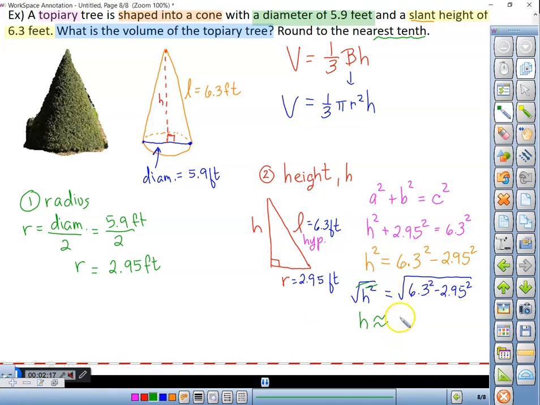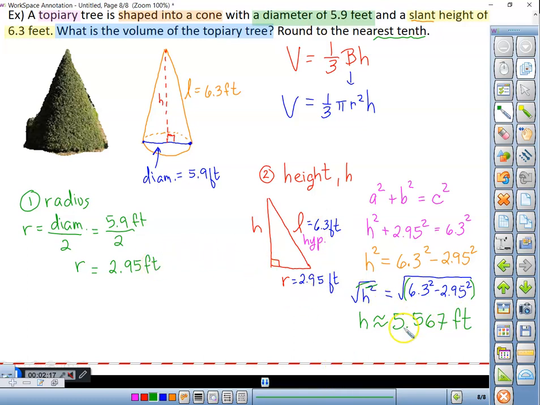Alright, so carrying out this calculation, one of the things you want to remember for using your calculator is that your radicand, what you're taking the square root of, should be in parentheses, and then you should be good to go. And you should be getting here about 5.567. The units on our height would have to be the same units as our slant height and our radius, which are both in feet. So we get a feet measurement here.